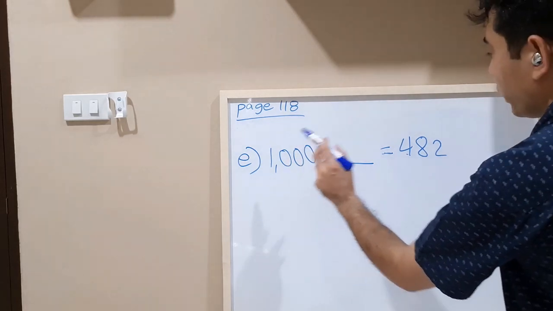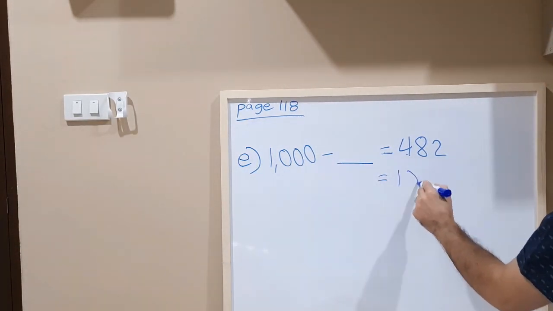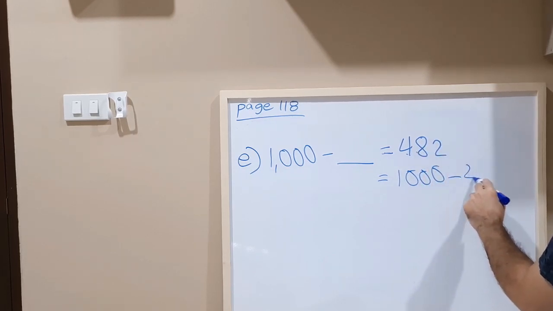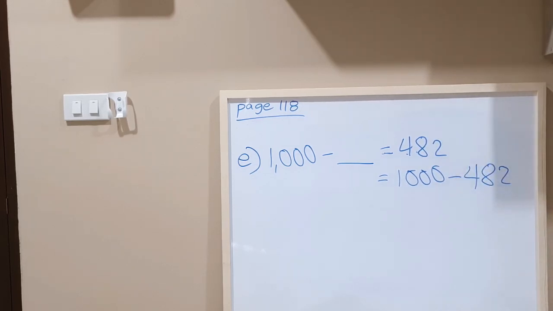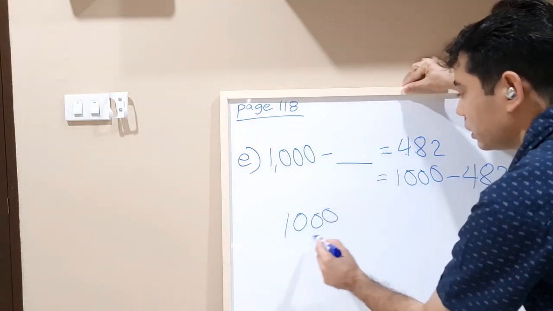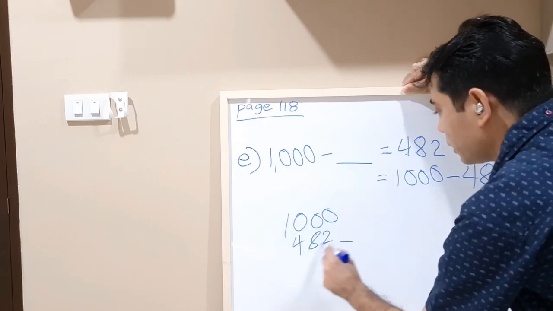We can put 1000 over here after the equal sign. 1000 minus 482. So we can take away 482 from 1000. Let's compute. 1000 minus 482.